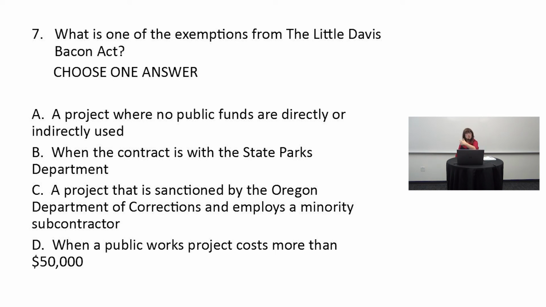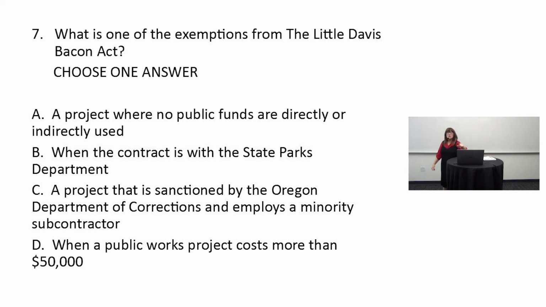A, a project where no public funds are directly or indirectly used. B, when the contract is with the State Parks Department. C, a project that is sanctioned by the Oregon Department of Corrections and employs a minority subcontractor. D, when a public works project costs more than $50,000.